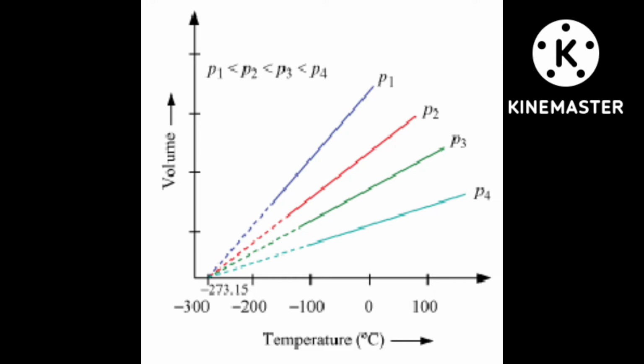Thus, we add 273.15, we can tell only 273 also. Thus, we add 273 just for simplicity to the Celsius temperature to obtain the temperature on the Kelvin scale.